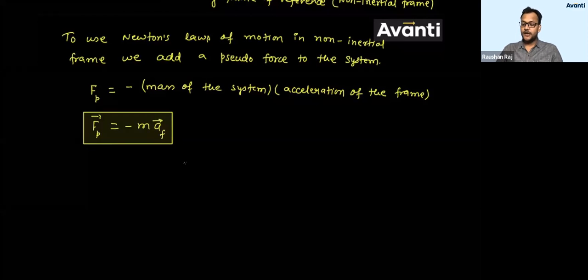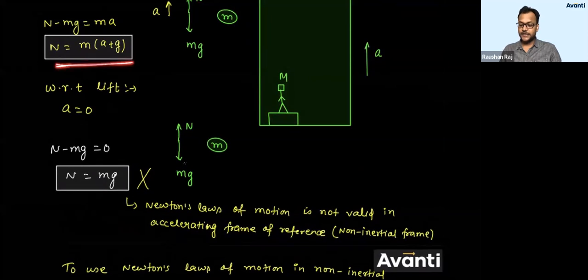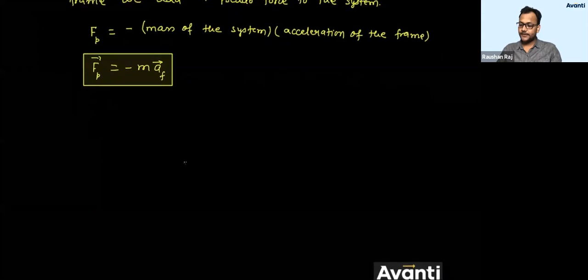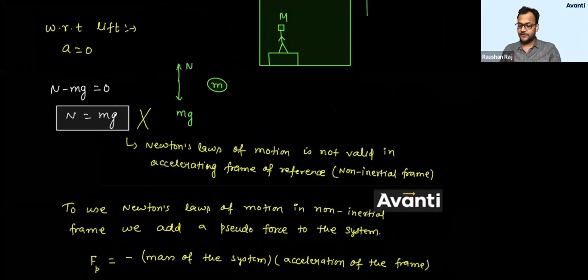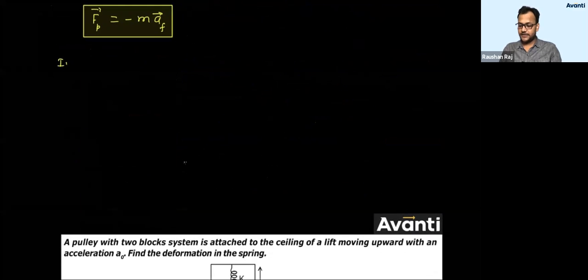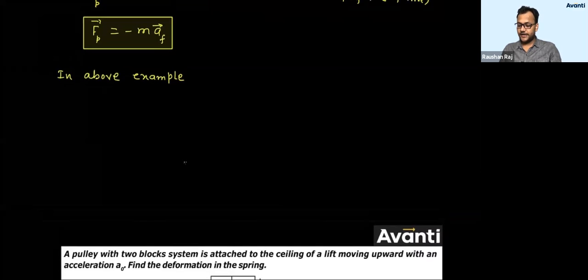So let us figure out whether we get the same answer in this case also if we add a pseudo force. I will show you by doing the same problem. In the above example, we have a free body diagram like this.